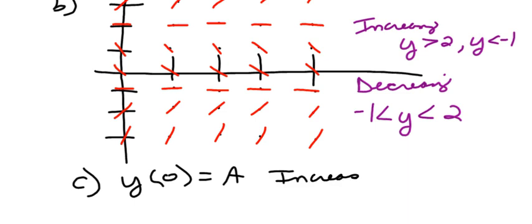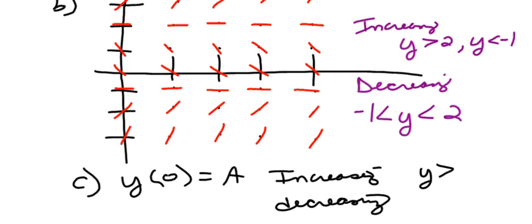We want to know if it was something else than what we were already given. So here we would say y is greater than 2, y is less than -1, and then we would be between that, a would have to be in between the -1 and 2 where we were constant.